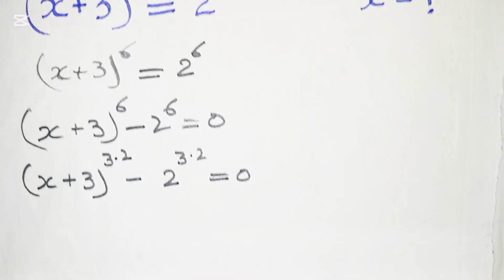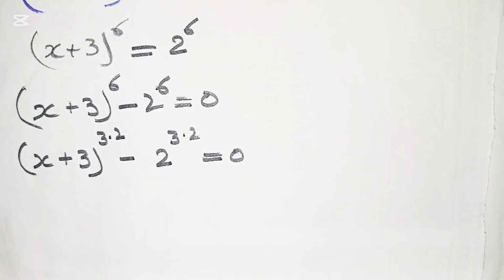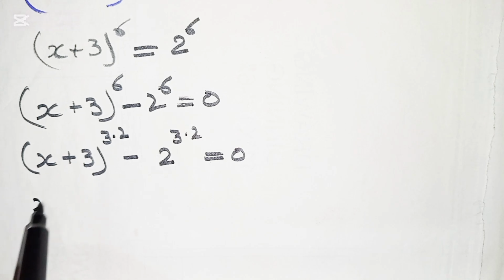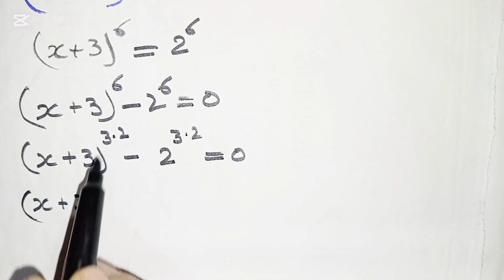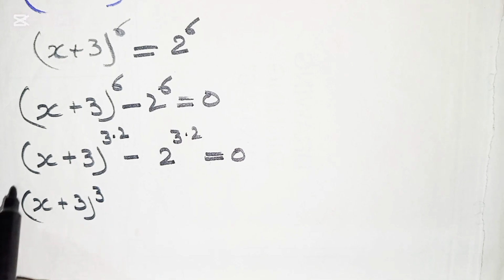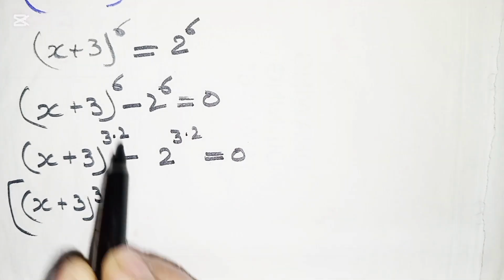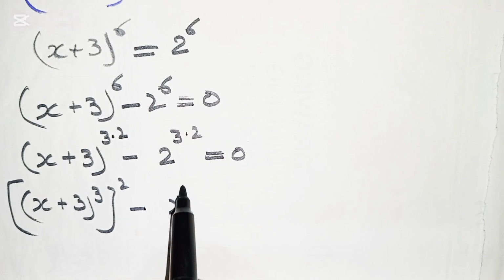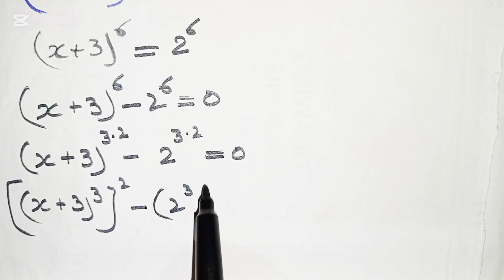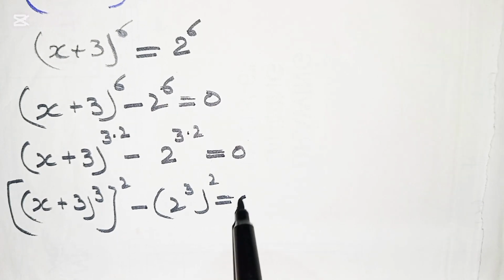And now the next step is (x+3) to the power of 3, all to the power of 2, then minus 2 cubed, all to the power of 2, equal to 0.